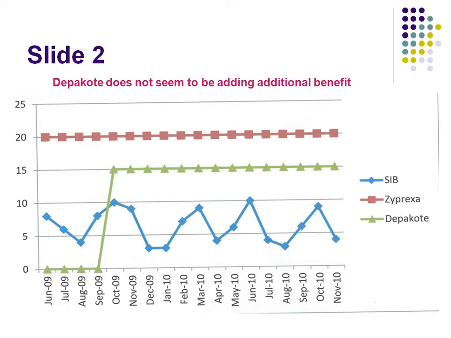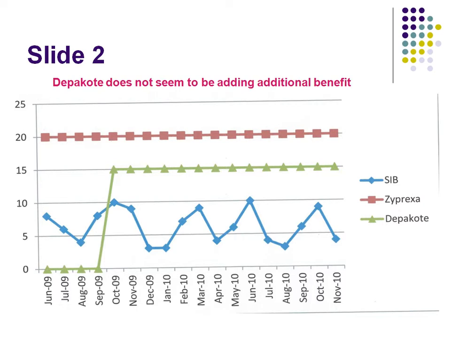Okay, we are at June 2009, and you can see in the red rectangles the Zyprexa is still at 20 milligrams per day, and it was kept at 20 milligrams per day through November 10th. So what did we do? You can see the behavior is going along initially at 4 to 7 or 8 times per month, and it was decided to add Depakote to try to completely eliminate the self-injurious behavior.